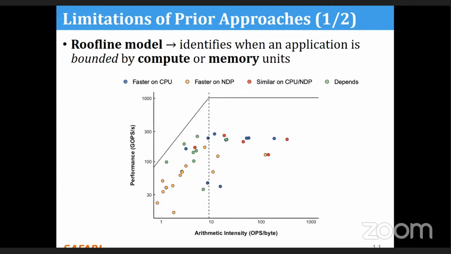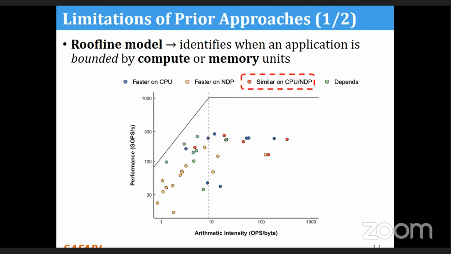We executed them, simulated them on a host processor or on a PIM system, and then we compare the performance of these 2. In some cases, in the memory bound area, you see a lot of orange dots, which are faster on NDP. And on the compute bound area, you also see some blue dots that are faster on CPU, as we could expect. But it's not in all cases.